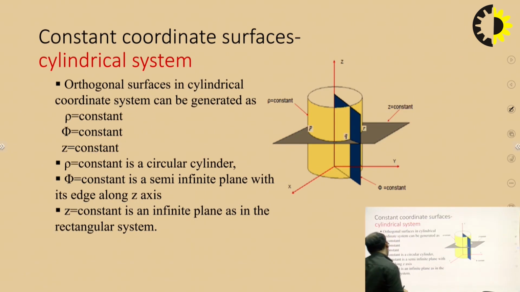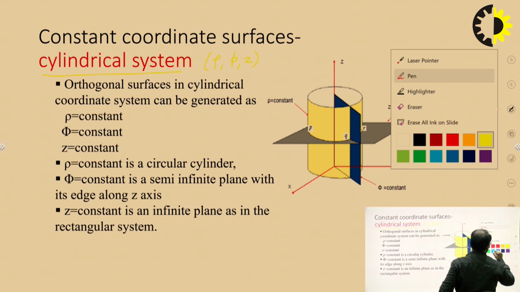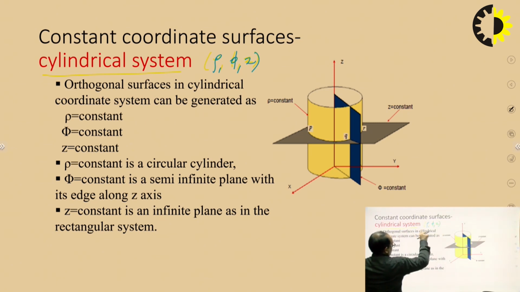Similarly, in the cylindrical coordinate system, that is rho, phi, z, if rho and phi vary and z is constant, then a plane or a surface will form.